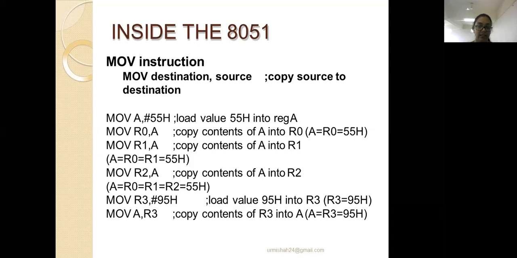So A is your destination register, #55H. Now in a microprocessor or microcontroller, whenever you are understanding any instruction set, always remember one thing, that the data which you are saving here is in hexadecimal format. That's why 55H is written.